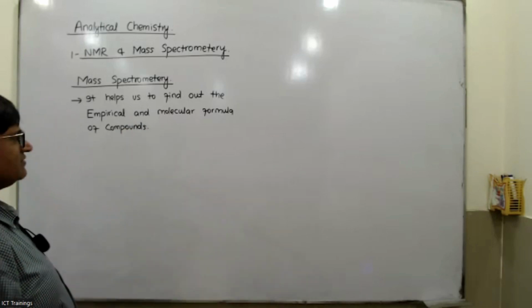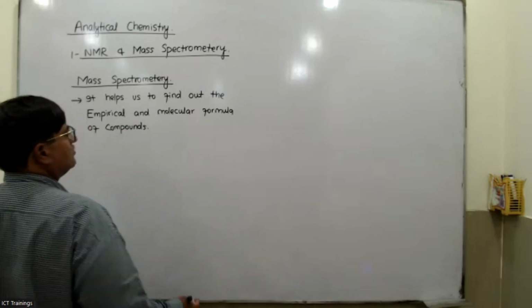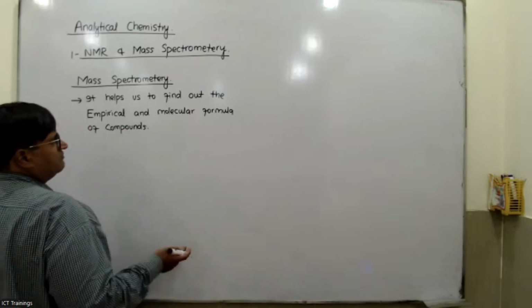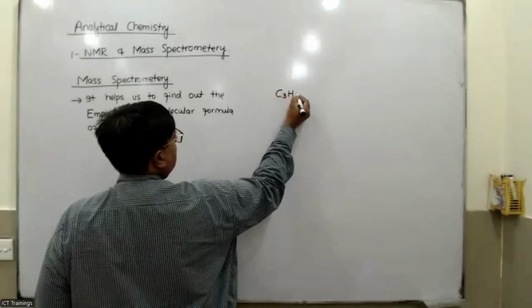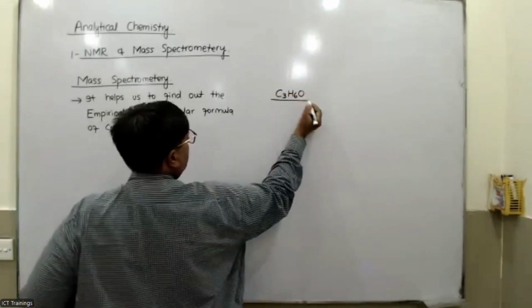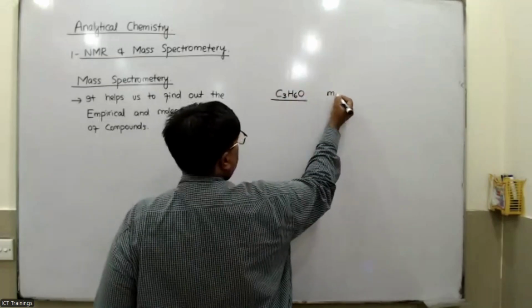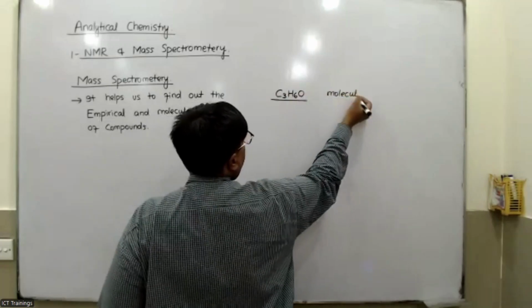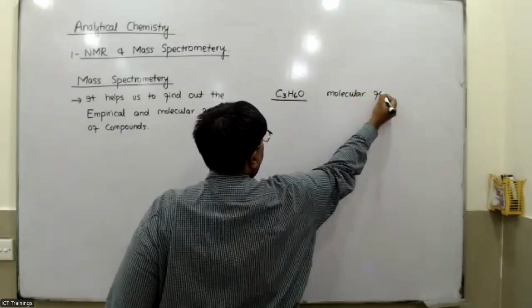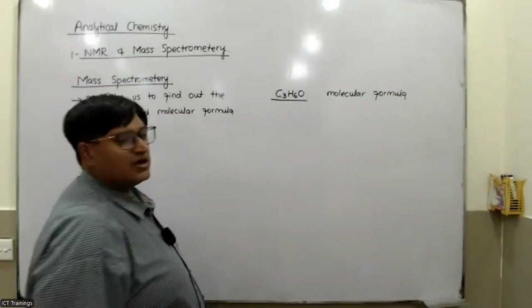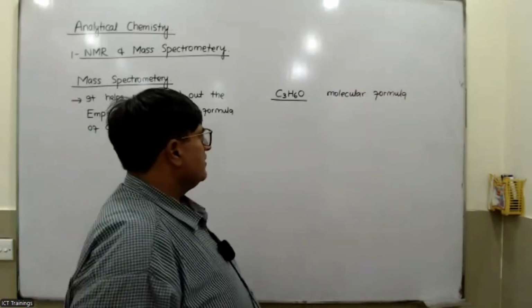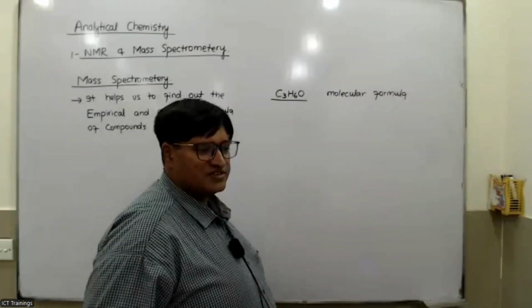Let's suppose, my dear, the molecular formula of a compound is C3H6O. Now, this molecular formula is the molecular formula of which structure?